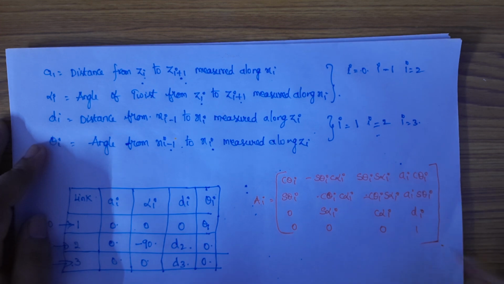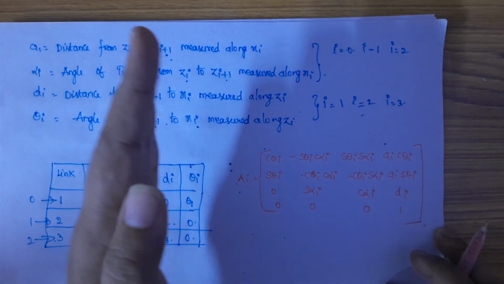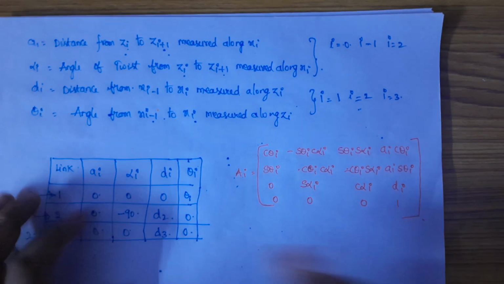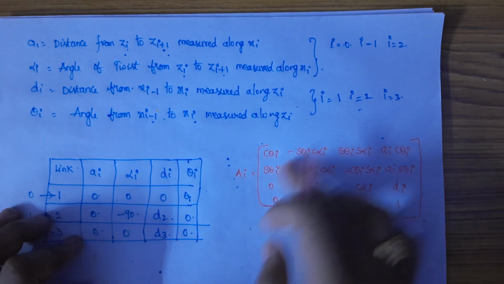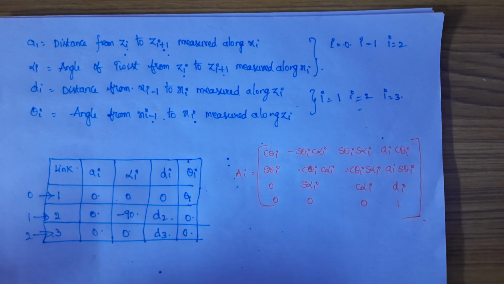This is the formula we are having in order to solve the transformation. We have to put the values of each link in this formula and solve the entire thing. Just try to put the data in the given formula and tell me the answer.